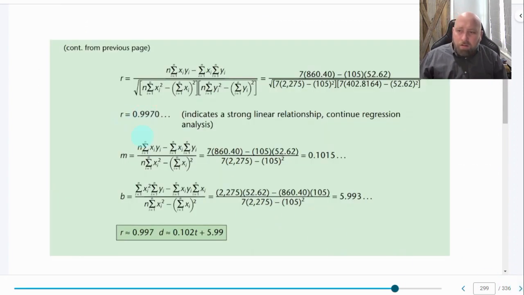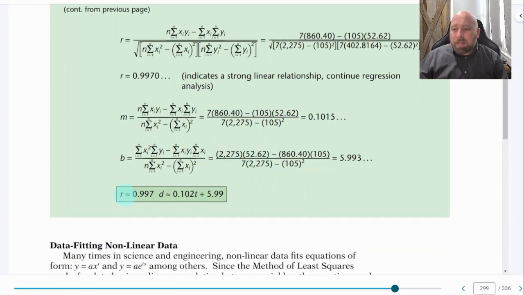You need your R to know if it's actually going to work. And again, if it's close to 1 or -1, it will work. If it's close to 0, it's not going to work. So then you go ahead and plug in, get your M, get your B, and now you can plug this into your formula. What is this? This is Y. Okay, I know it's a D, but this is Y equals, notice we're using approximately equal to here.